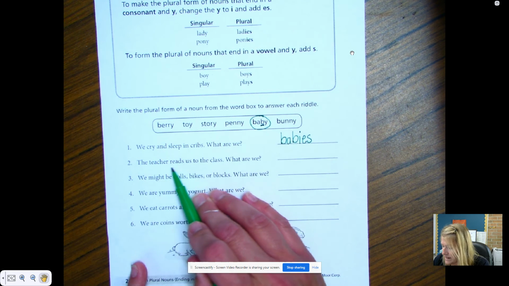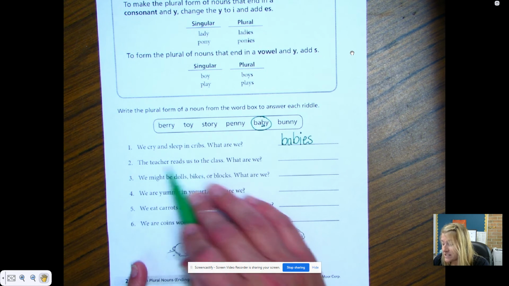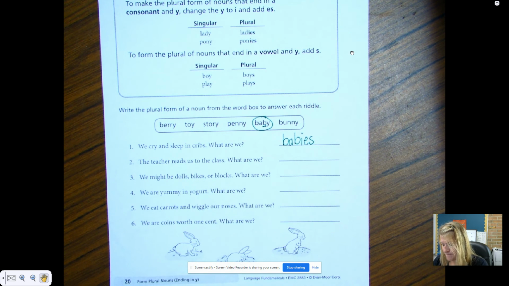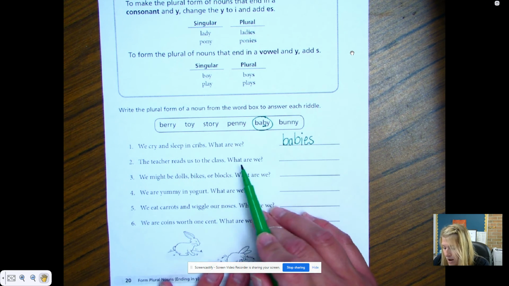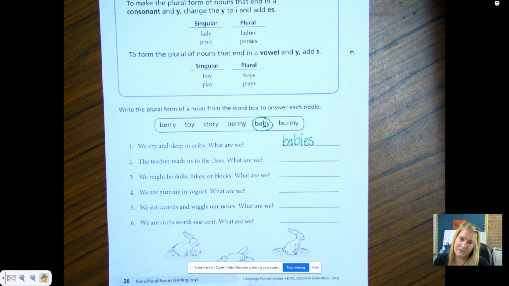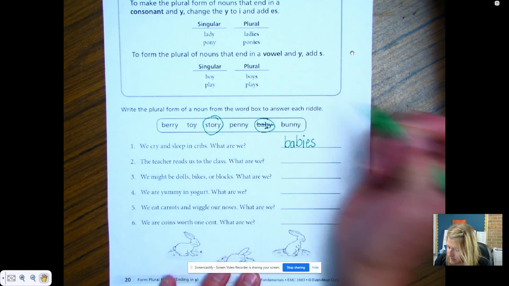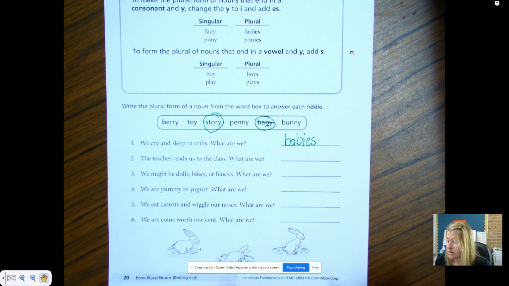The teacher reads us to the class. What are we? You guys know this. Story. But it has to be plural, so I'm going to look.